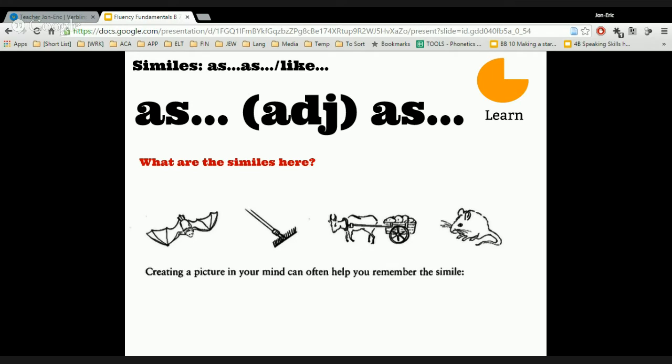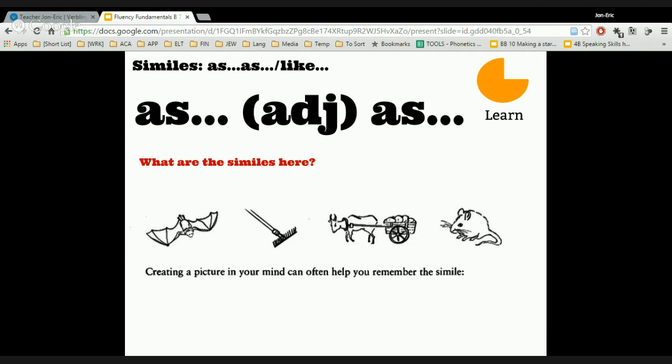They're blind. Yes. So the simile is, if you are wearing thick glasses, we're going to say you're blind as a bat. Blind as a bat is the simile.